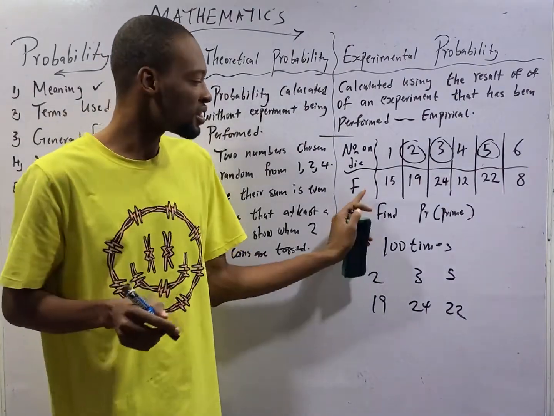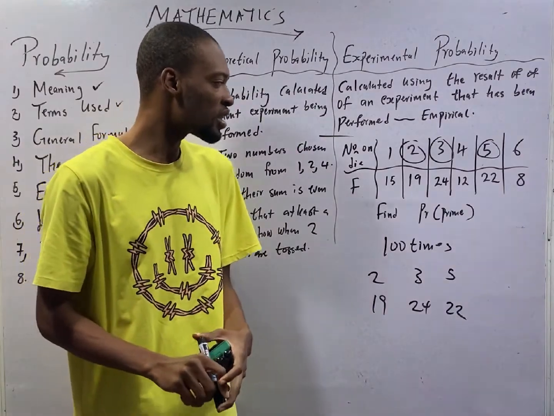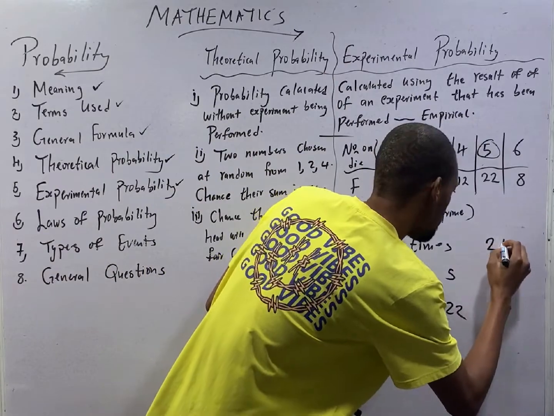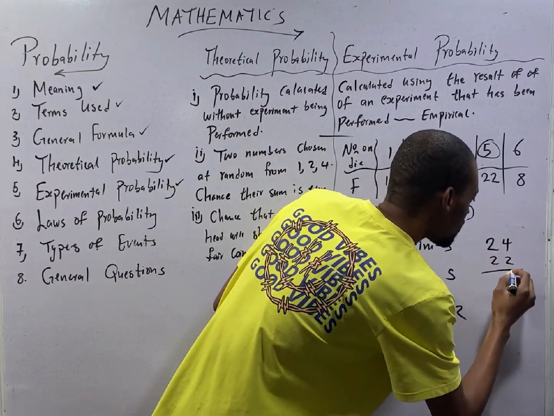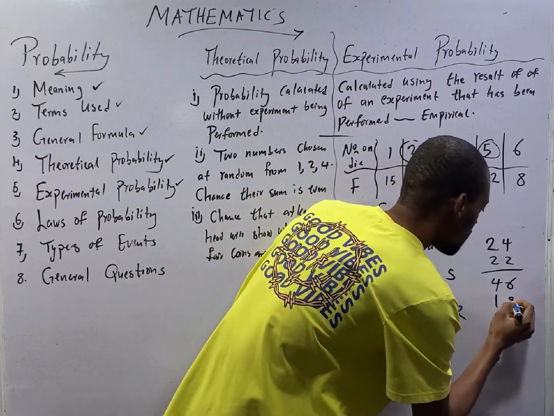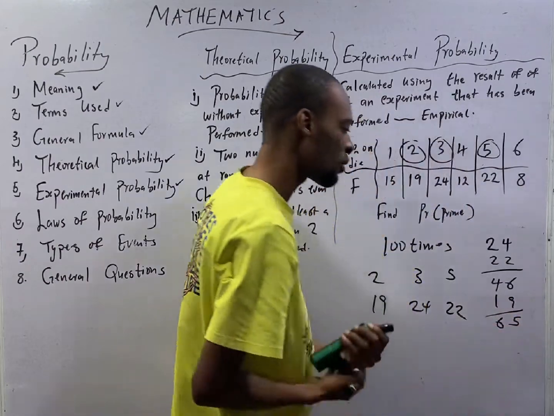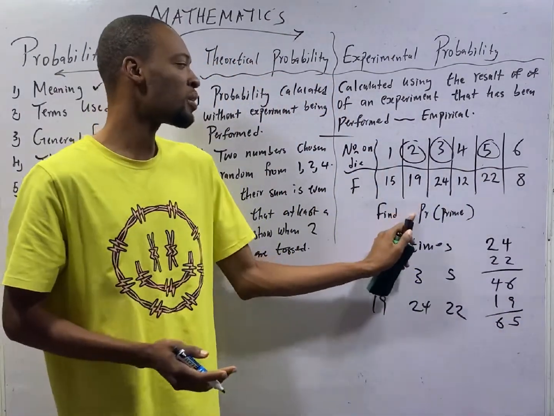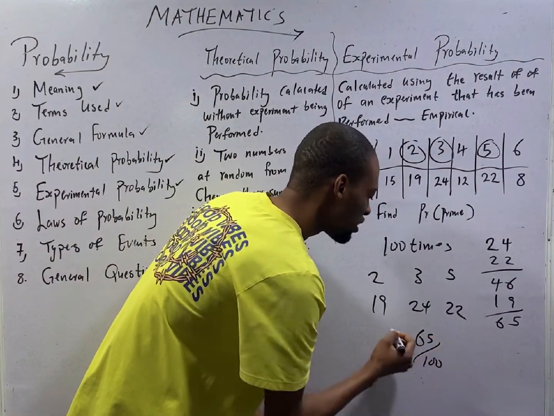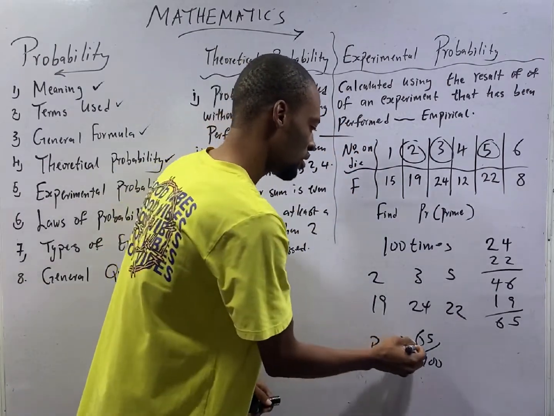All the outcomes equal 100 because the die is thrown 100 times. Let's add up. 24 plus 22 is 46, plus 19 is 65. So the chance of getting a prime number is 65 over 100. So this is the probability of a prime number.